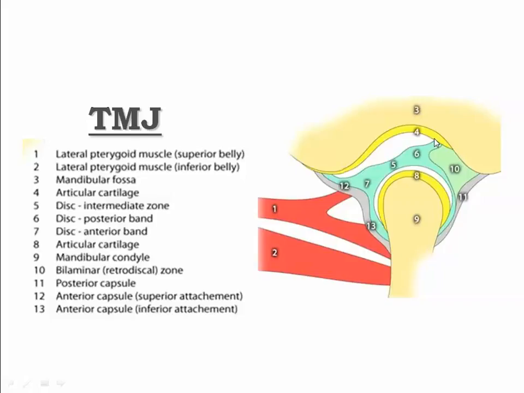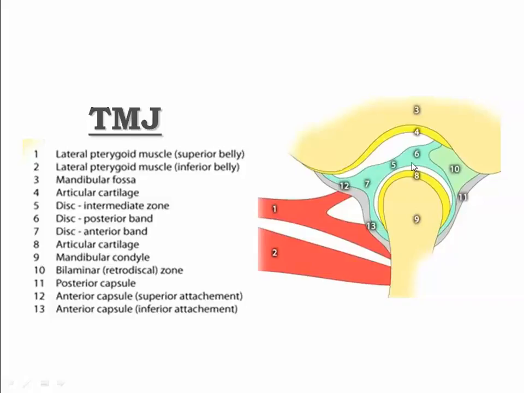This yellow color represents the articular cartilage of the temporal eminence. Here is the articular cartilage covering the head of the mandible. And this is the joint capsule, which is presented here in gray color. And this is the very important structure, the articular disc.